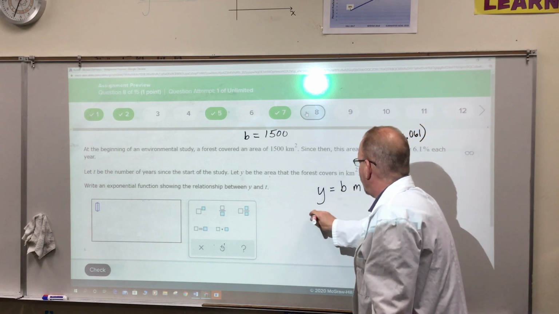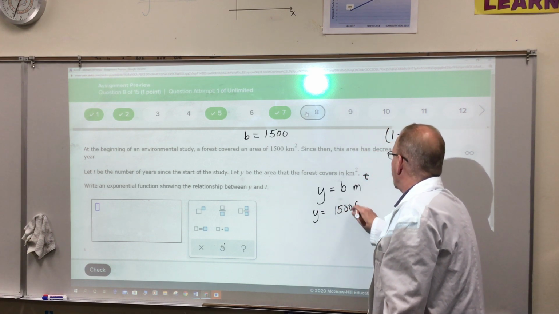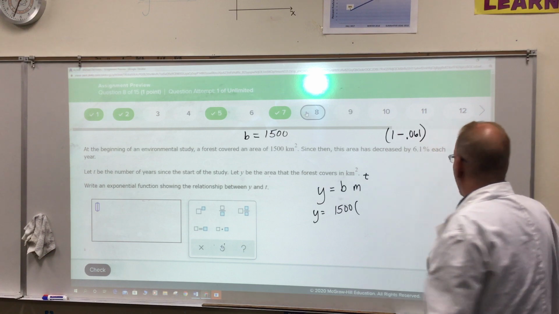B is 1500. The multiplier is 1 minus 0.061.